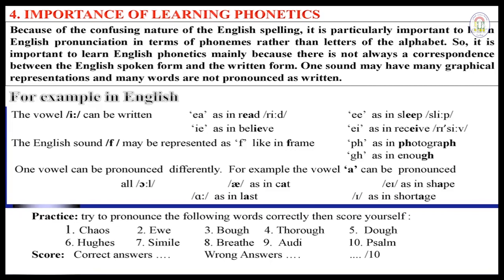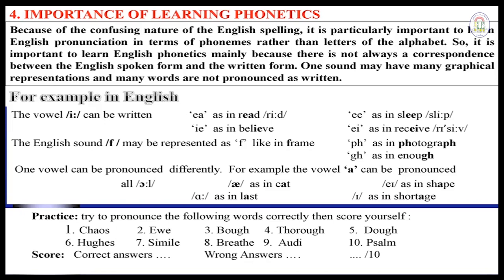The same goes with, for example, present and present, content and content. So, due to the confusing nature of the English spelling, it is particularly important to learn English pronunciation in terms of phonemes rather than letters of the alphabet.